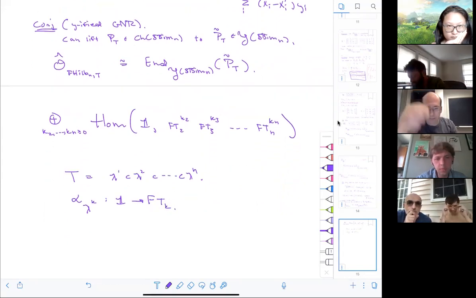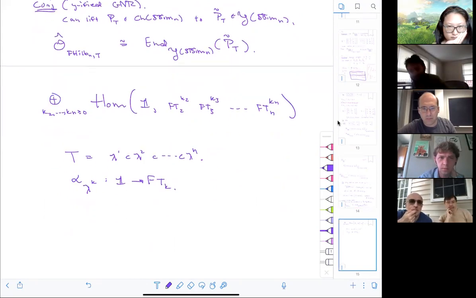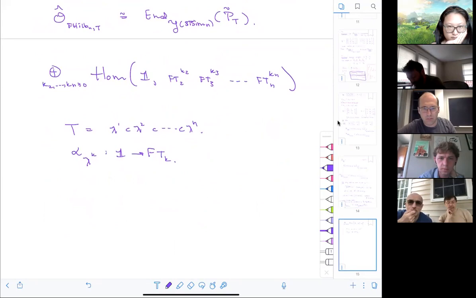And roughly speaking, you should take this big algebra and you should invert those eigenvalues. And that should be the endomorphism, maybe up to some completion, that should be your endomorphism ring with the projector. So this is kind of a modern way of viewing one of these conjectures, which I didn't have time for today.